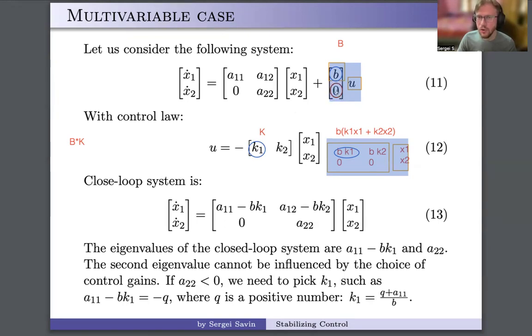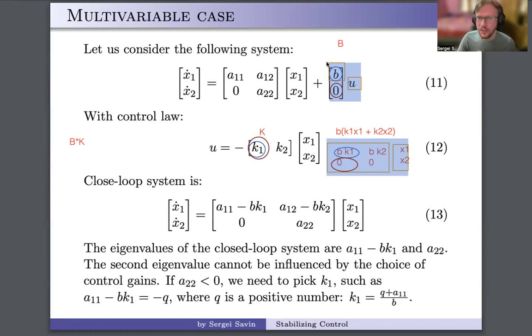Second element of the first matrix times the first column of this matrix, right? So we go row by row here. Here we go column by column. So second row of this matrix times first column of this matrix. All right, that is this element. Okay, 0 times K1 is 0.